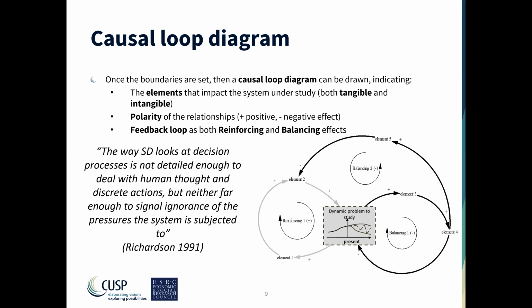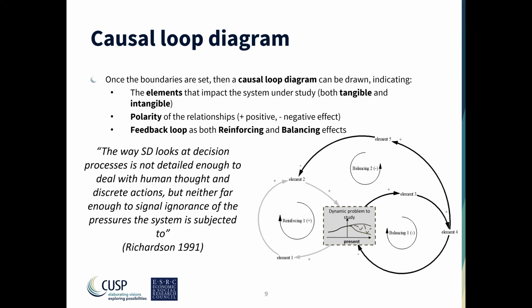After elements are defined, we can look at the interaction between them, connect them together, and define the polarity of their relationship, where a positive relationship indicates that one element can increase the second one, so that they basically increase together.